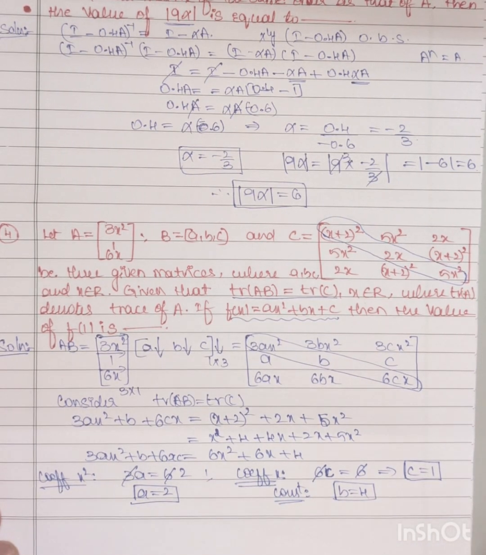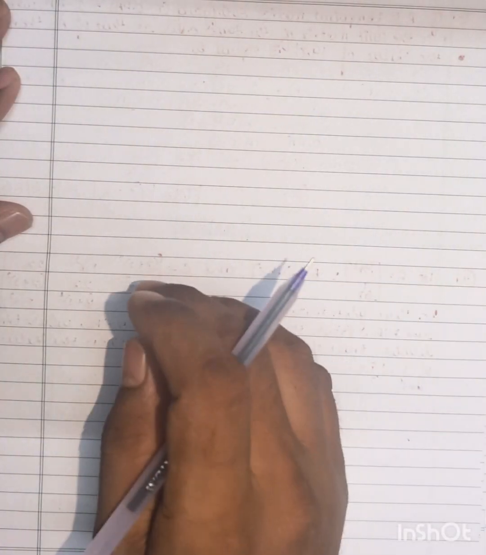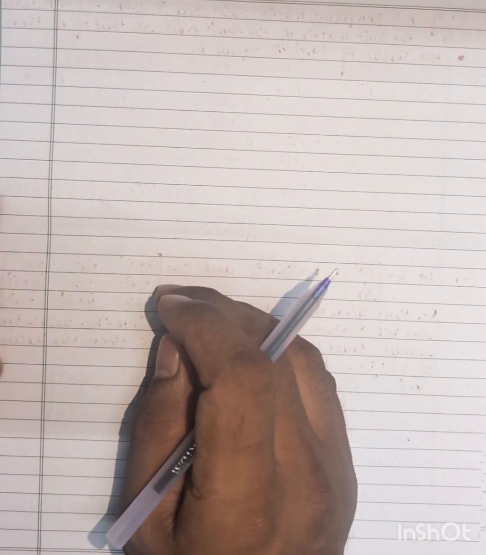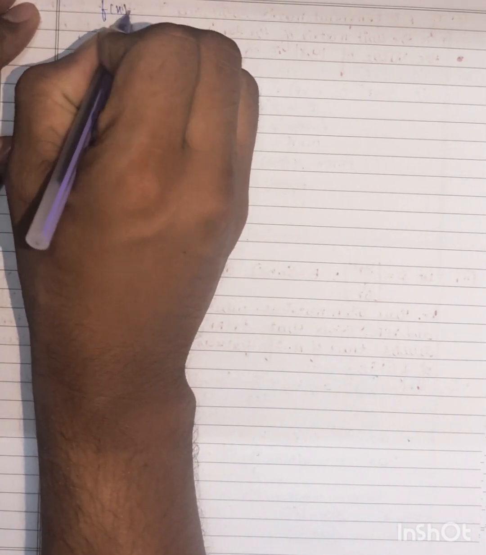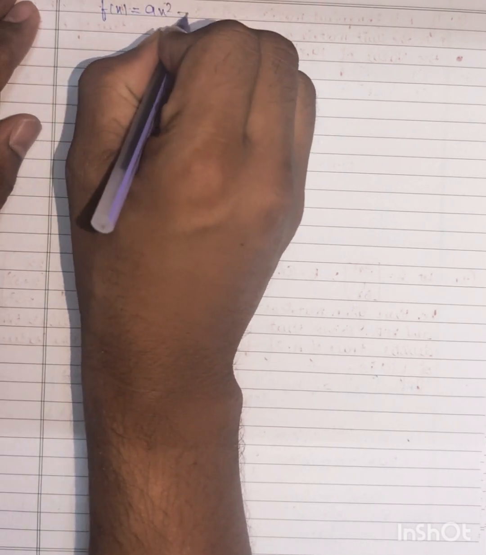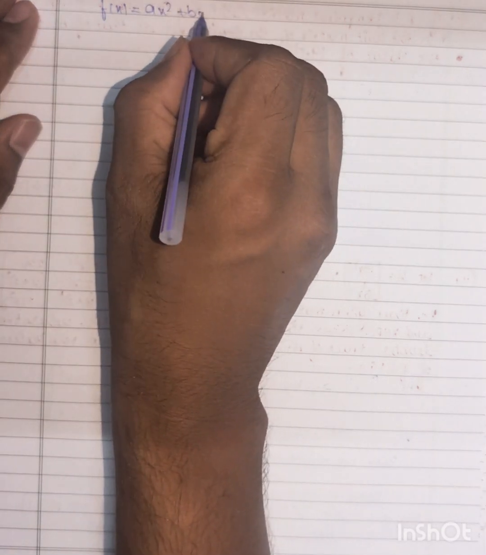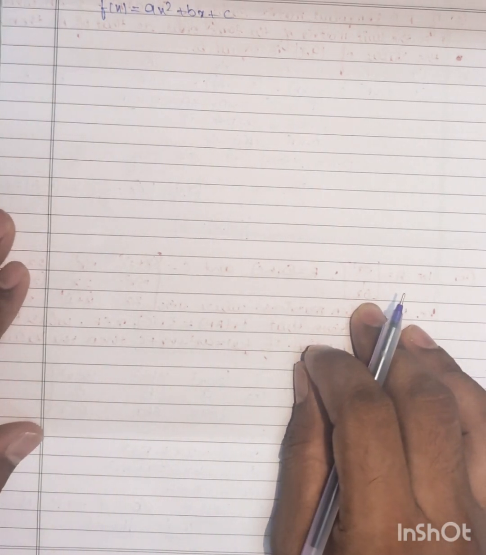So we found the values of a, b and c. Let us substitute the values of a, b, c in the given equation. What was the given equation? In our function, we had f(x) as ax² + bx + c.